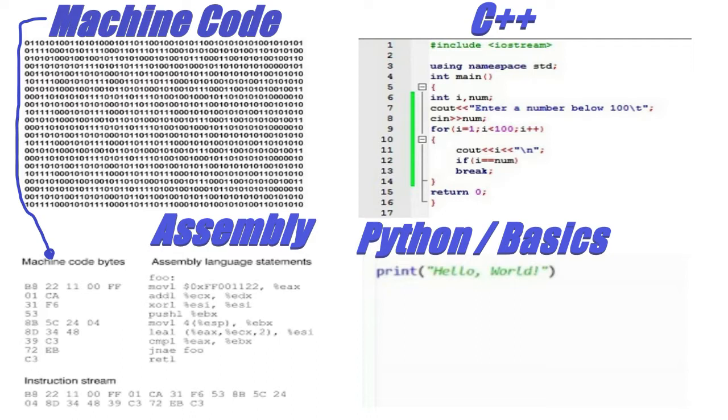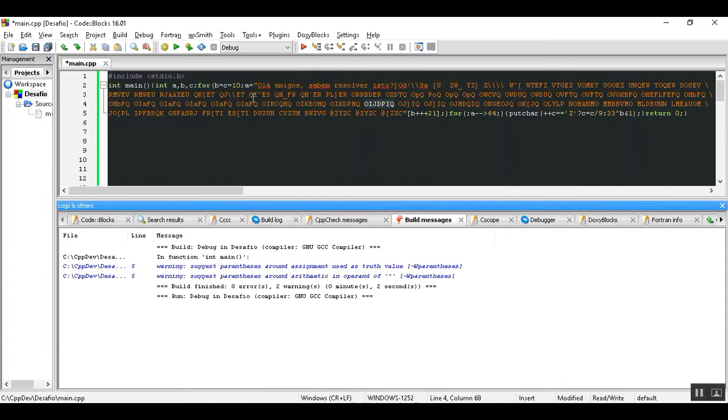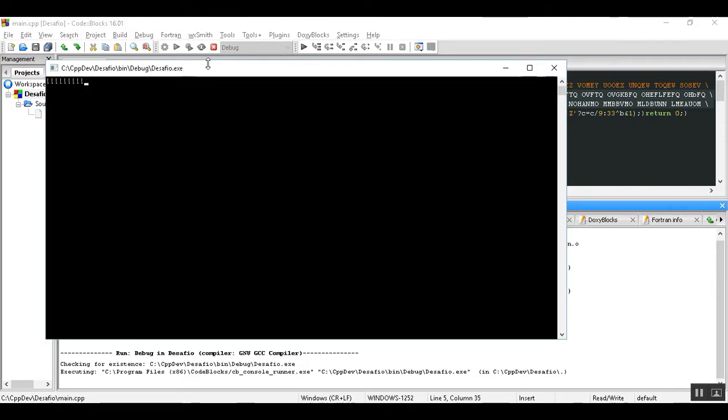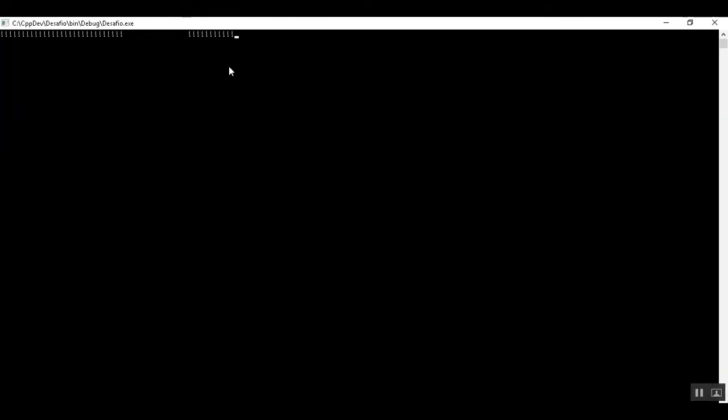But don't forget that C++ is a lot more powerful than Python, Java, and other languages, but is a lot harder to understand. For example, I'm showing now an algorithm that I've written in C++, which is used to draw my face on the screen with some charts. And you can see with this algorithm how complicated C++ can be and how powerful it can be also, doing a lot of things with a very low amount of code.